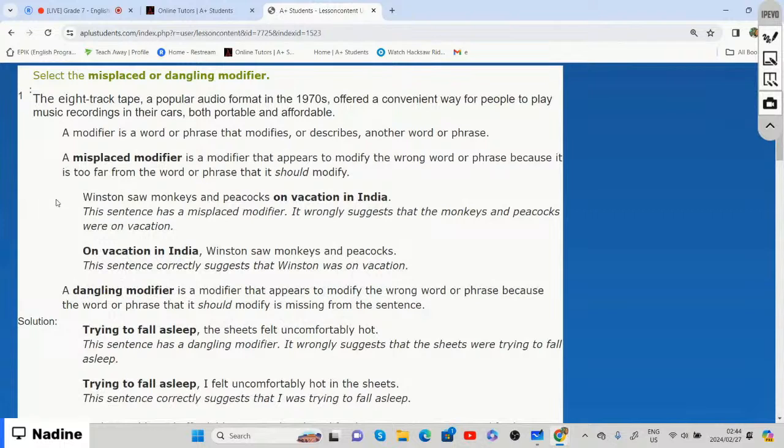For example, Winston saw monkeys and peacocks on vacation in India, right? Which means that this sentence indicates that the monkeys and the peacocks were the ones that were on vacation.